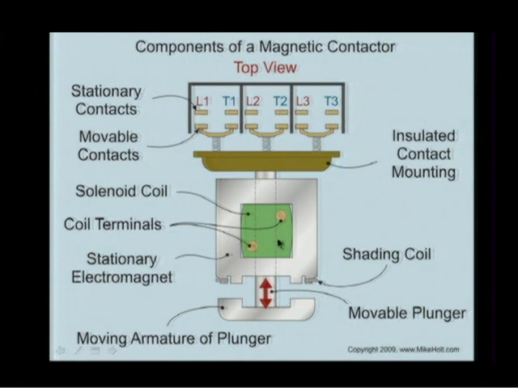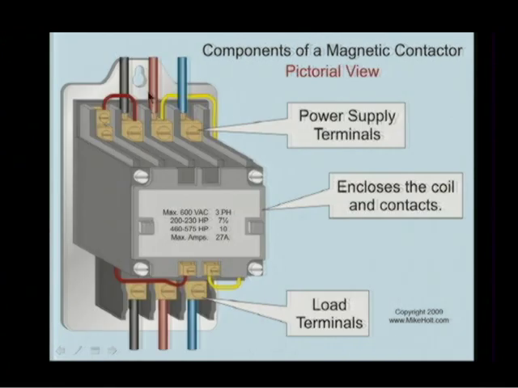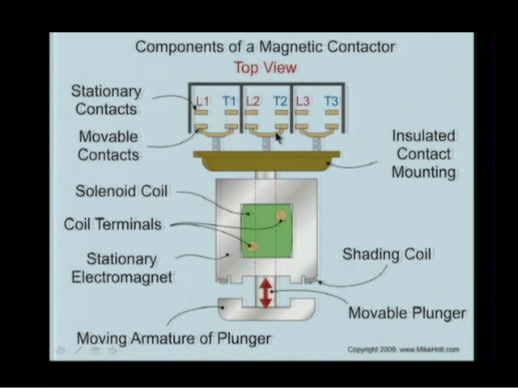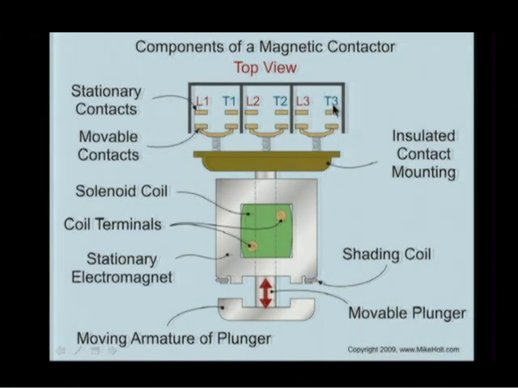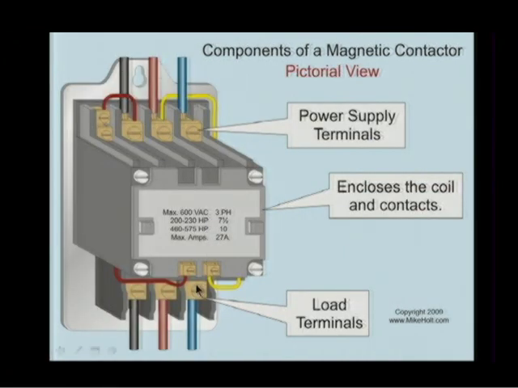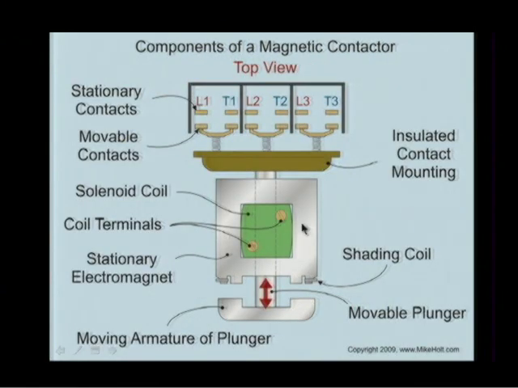If you energize this coil, it will take this armature magnetically and push it in this direction. When it does that, line 1 connects to terminal 1, rather, I'm sorry. Line 2 makes contact to terminal 2. Line 3 goes to terminal 3. Anything you guys have here special that you want to say? So that's how a magnetic contactor works.